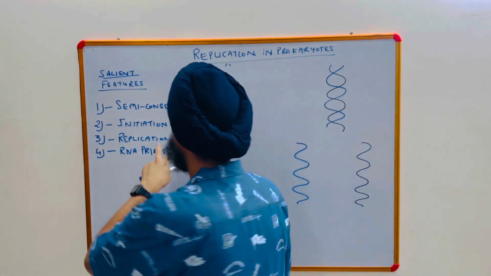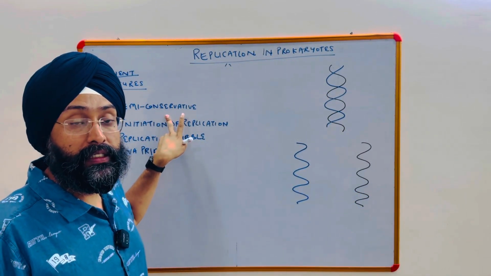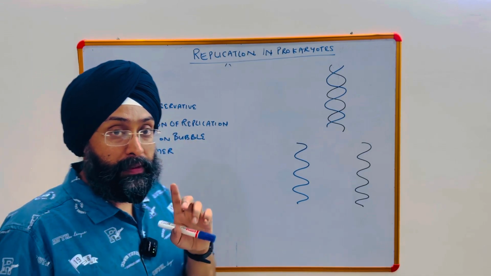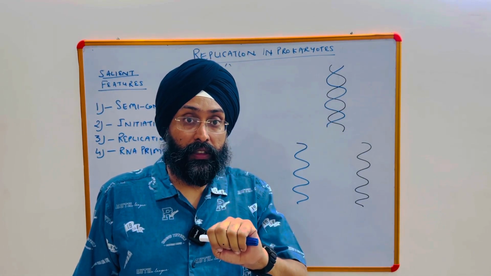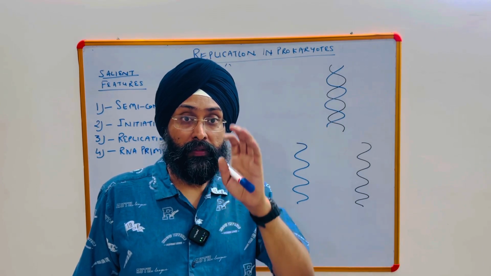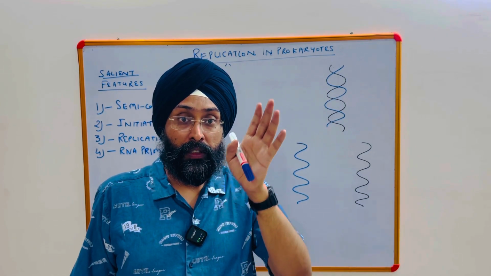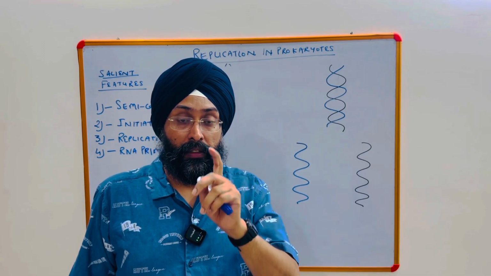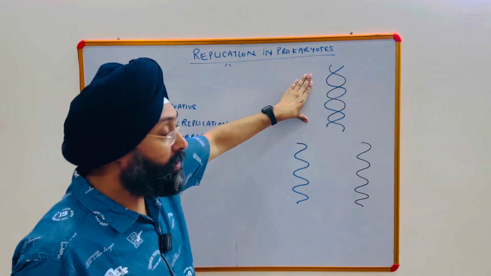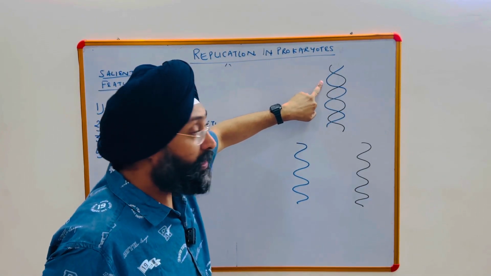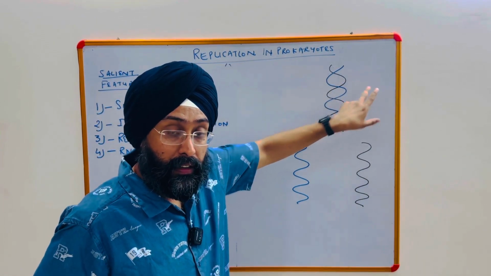Now the first salient feature is that the replication is semi-conservative, right? Semi-conservative means half of the original DNA is conserved, right? So during replication, when the parent DNA forms daughter DNAs, one half of the original DNA is conserved. So this is normal DNA in which one strand is blue in color and the other is black in color, right?